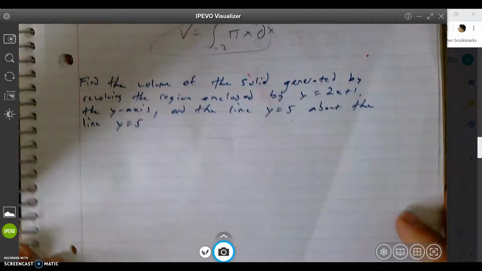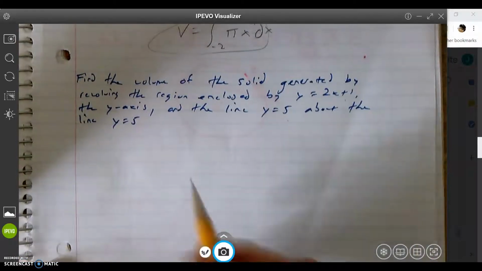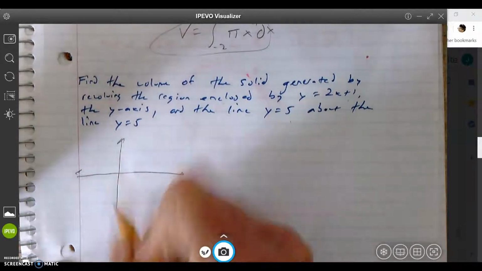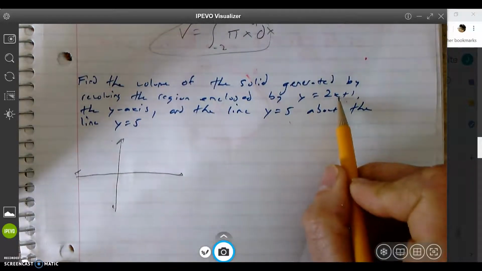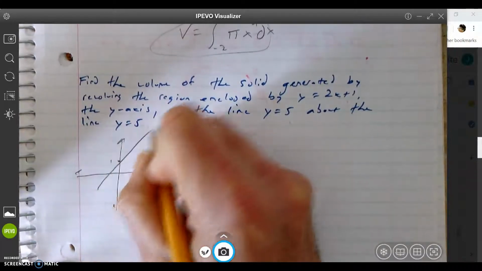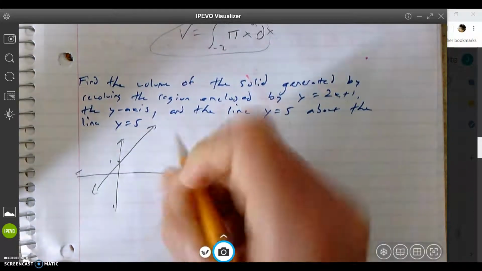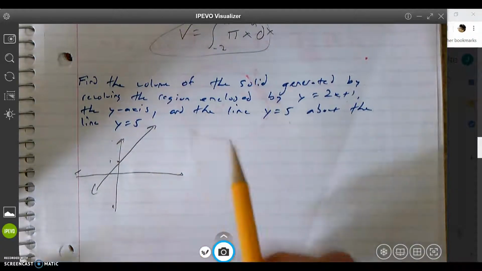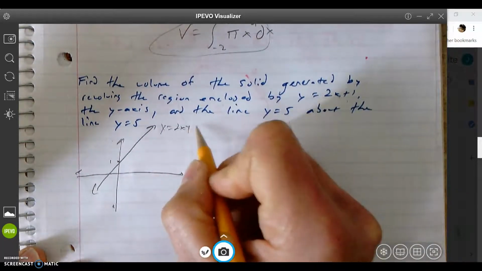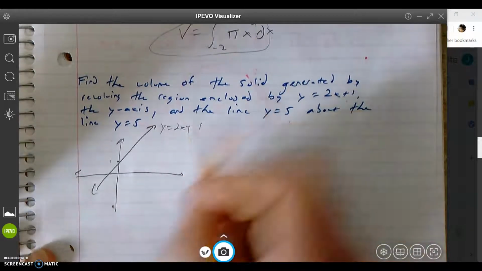All right, let's see what we got. Let's check it out. All right, so first I'm going to draw the picture. y equals 2x plus 1. So here's 1. 2x means it's got kind of a steep slope right there. y equals 2x plus 1. Got it. y equals 5.